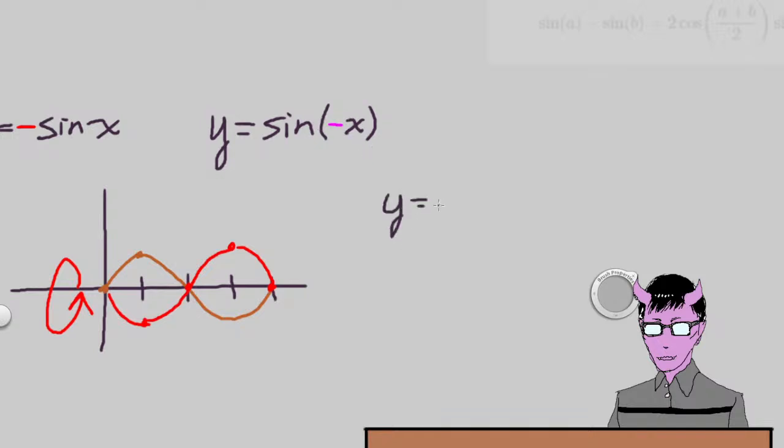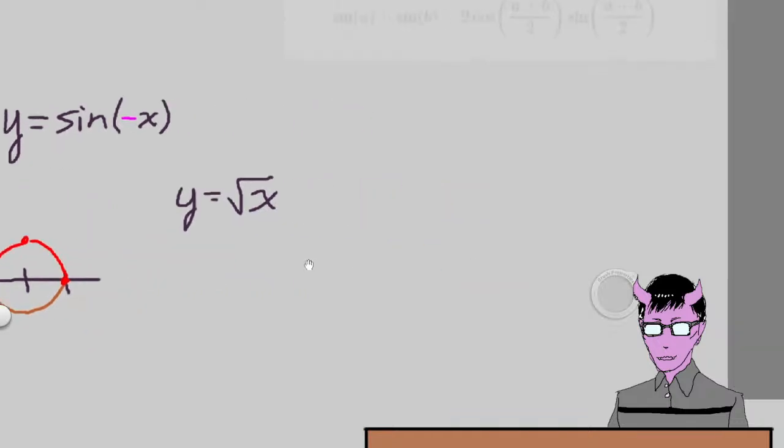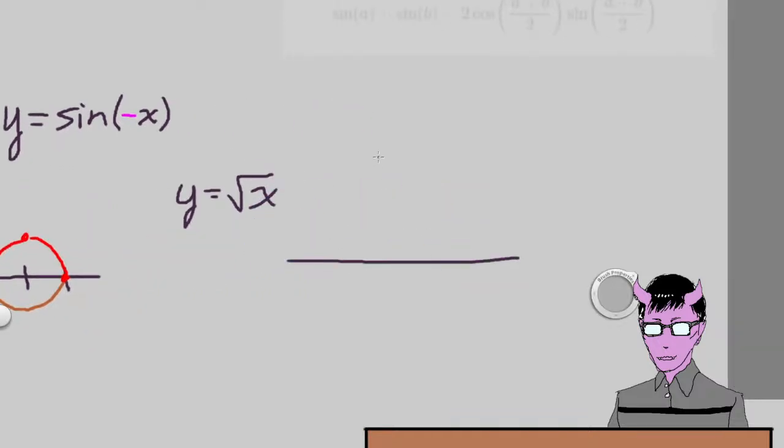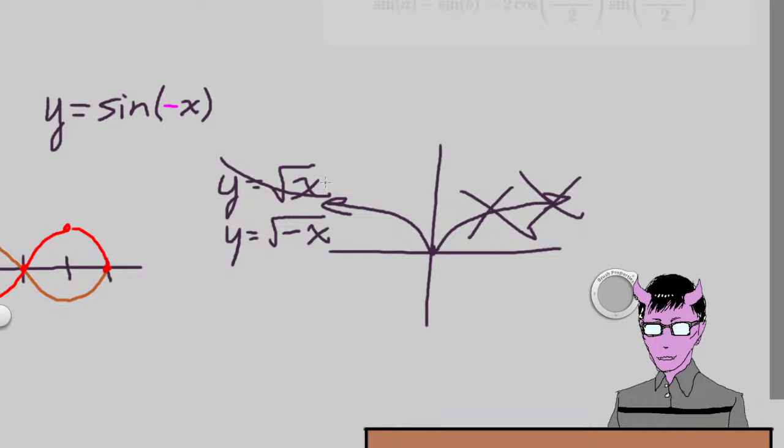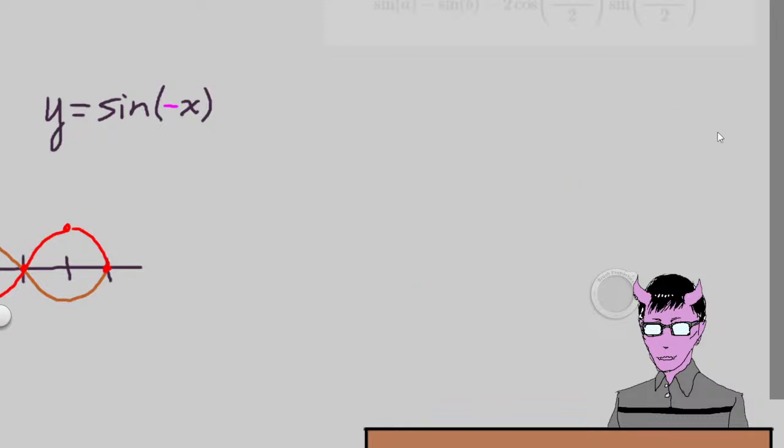If you have y is equal to root x, if you recall this one, and you graph that, it's just going to be this boring old thing like this. But if you have y is equal to square root of negative x, all of a sudden your domain is flipped and you're graphing this way instead. This one is that one. So we have a domain flip. All your x inputs have been reversed in a sense.